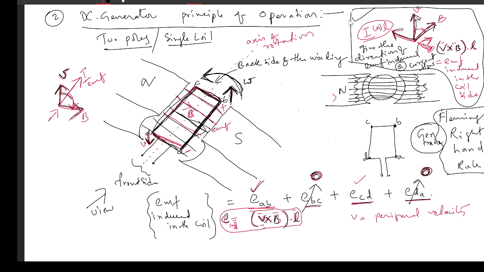And now if I apply the V cross B dot L, so I will be getting the induced EMF or the direction of current flow will be in this direction along in the conductor. So that means the current will try to move like this from this end to this end. That means this is plus sign and this is minus sign.